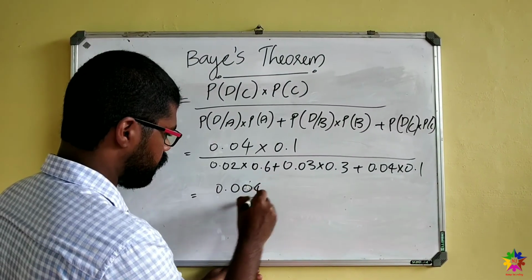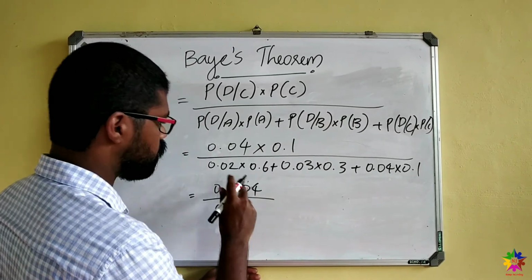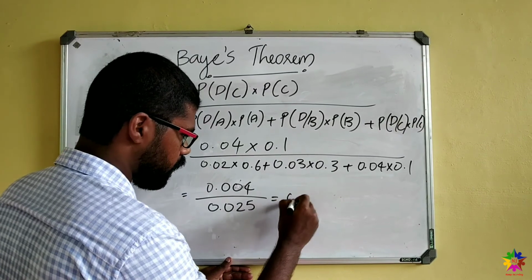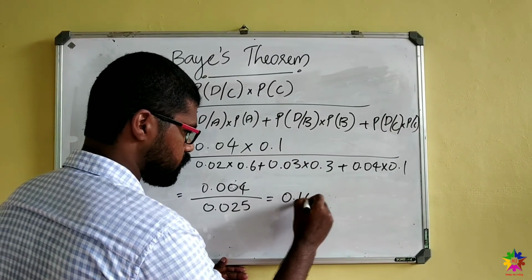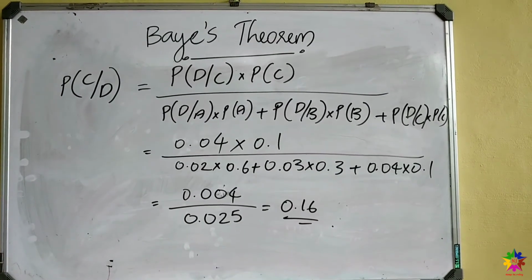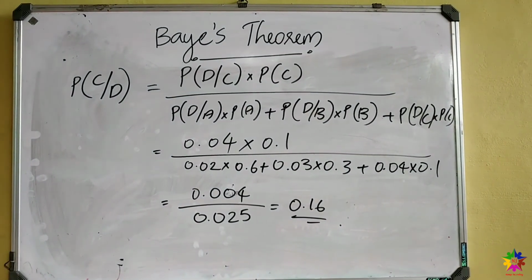That is 0.004 divided by 0.025, and your final answer would be 0.16. Okay, or approximately 0.16. So you just do the question.